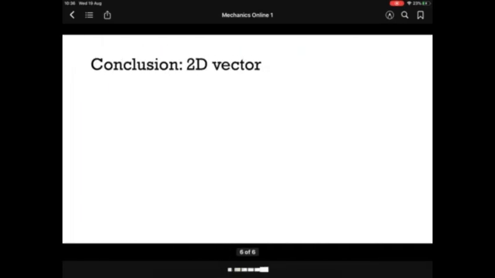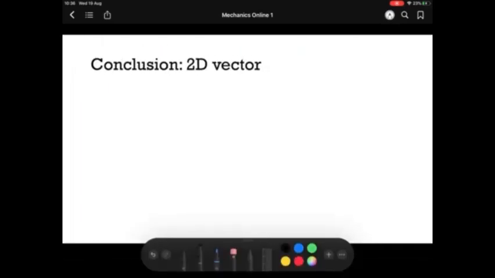So in terms of the conclusion for vectors, don't forget that we start with IPE: what is given and what is the question asked. And then you go to the steps, which has 3 steps.